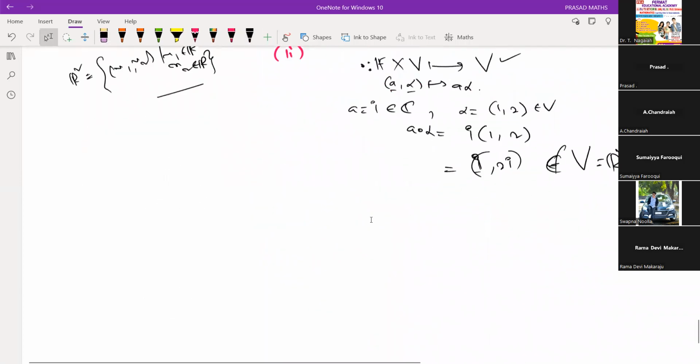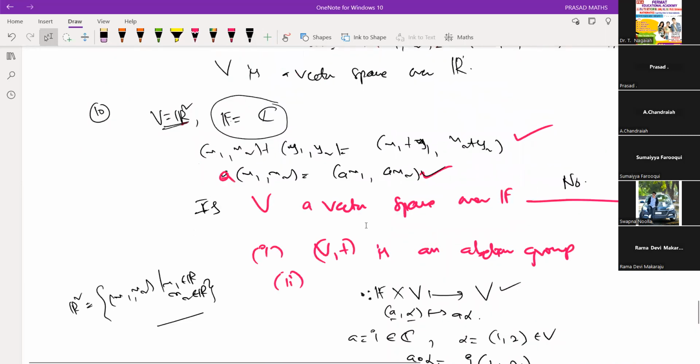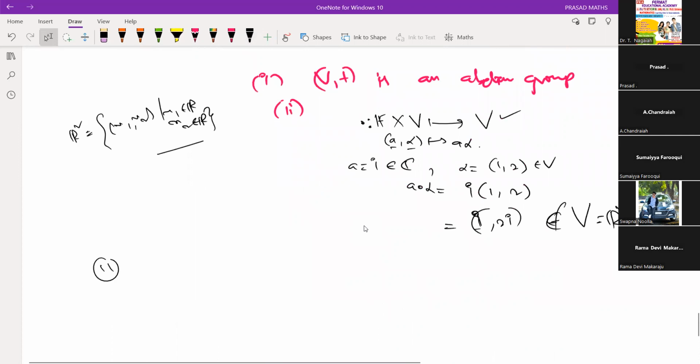Suppose you take the 11th one: V equals Z cross Z, and F equals the rational field. What is Z cross Z?